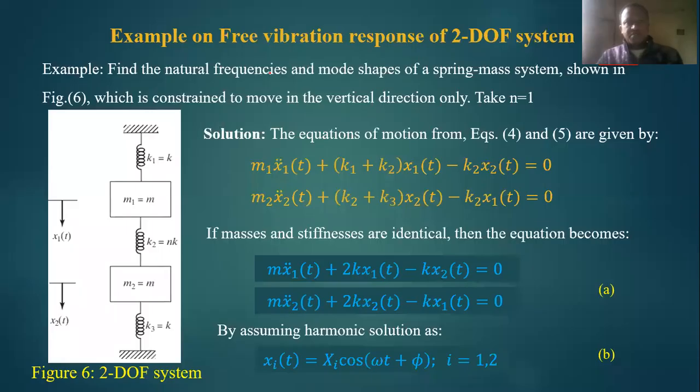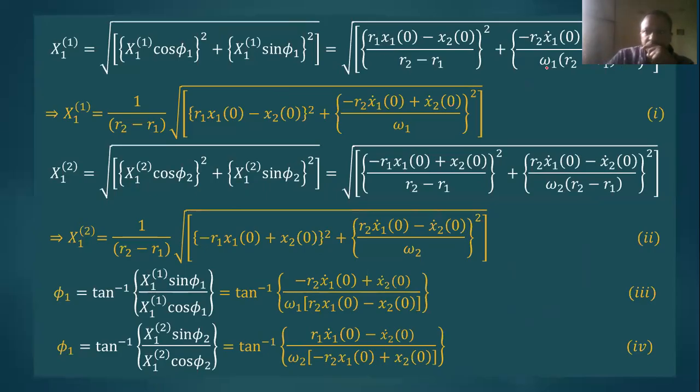Okay, that means this equation, which finally gives us this type of expression. Similarly, for the second mode, x1 of the second mode cos pi 2 squared plus x1 of the second mode sin pi 2 squared simply gives x1 of 2, and by substituting this term, finally we get this equation. So that is equation 1, equation 2.